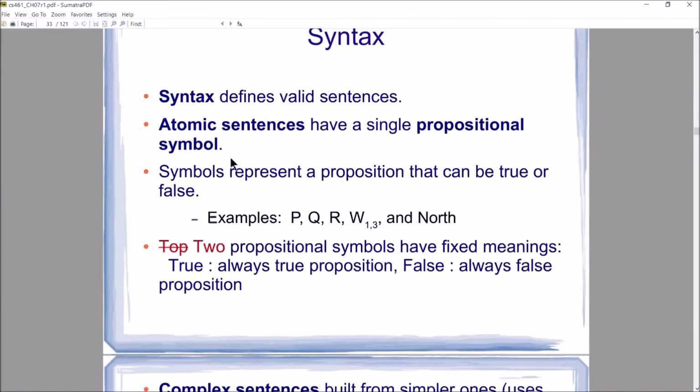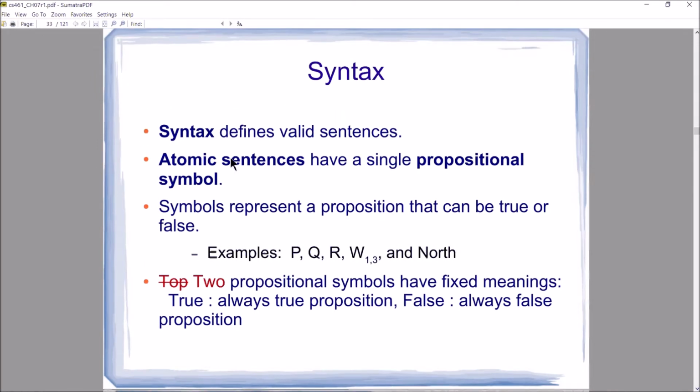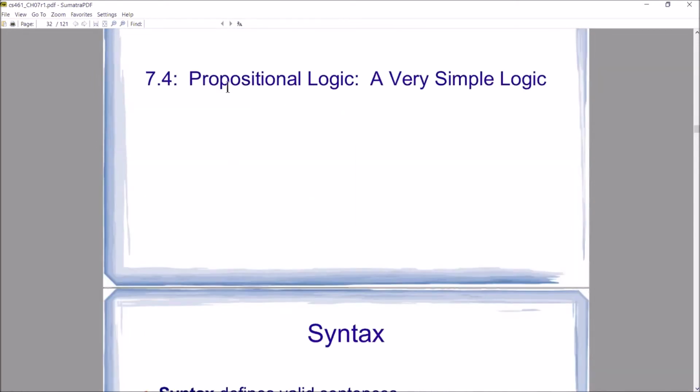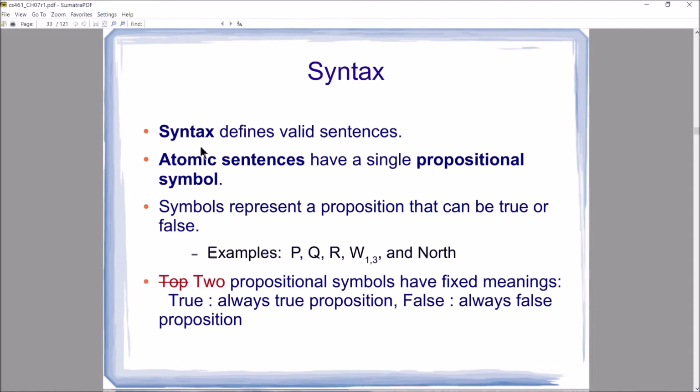First things first, we're going to have to come up with a syntax for this logic, for this propositional logic, okay? Now, the syntax defines valid sentences within a particular logic, and we're going to say that atomic sentences are going to be sentences that have a single propositional symbol. So a propositional symbol is going to be one of those variables, and those variables are going to represent in our model something in the real world.